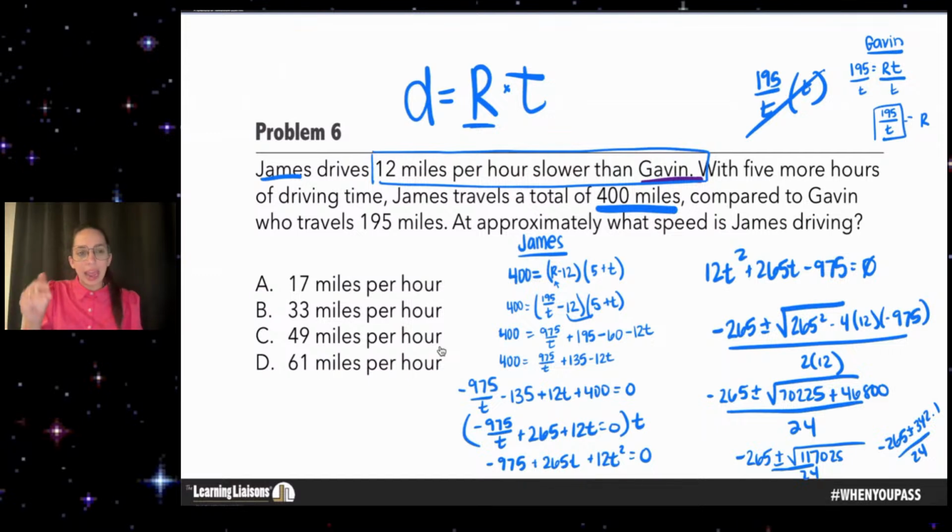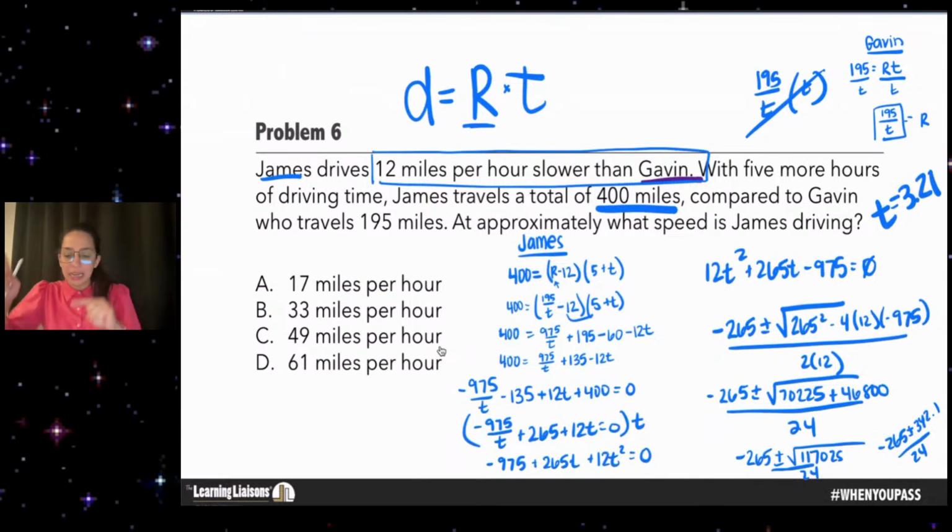And so I can't have a negative time in this problem. So I'm not going to do negative 265 minus 342. But what I am going to do is negative 265 plus 342. Then divide that by 24. So my time is going to be 3.21.